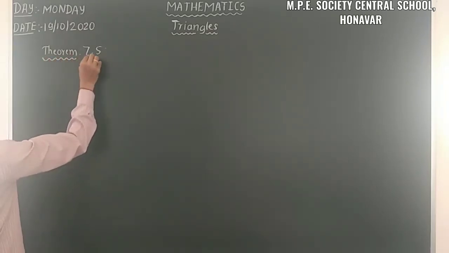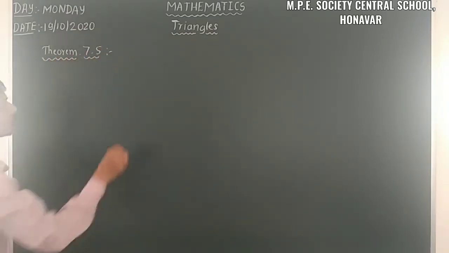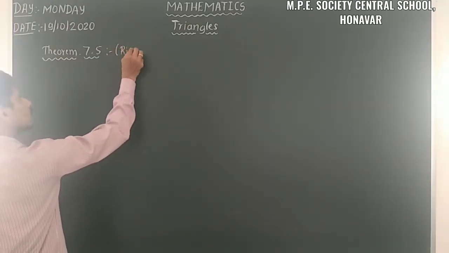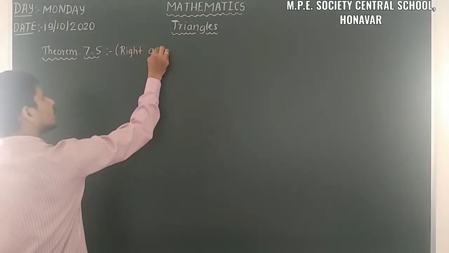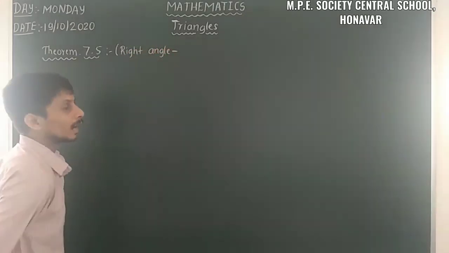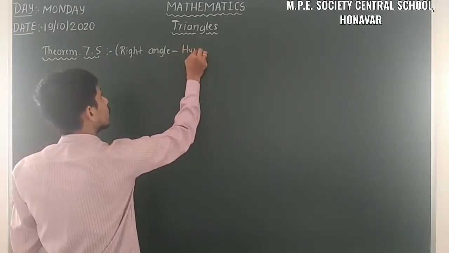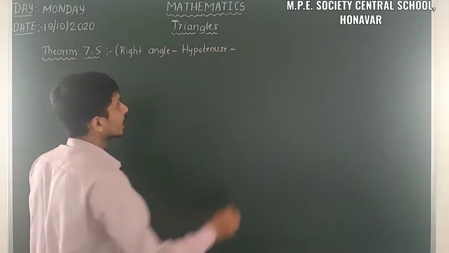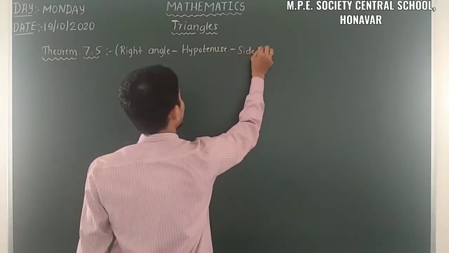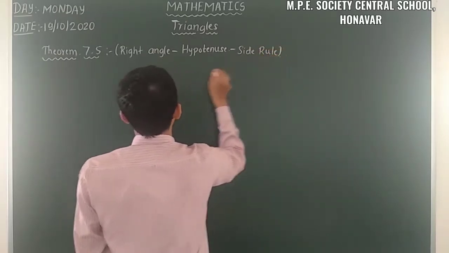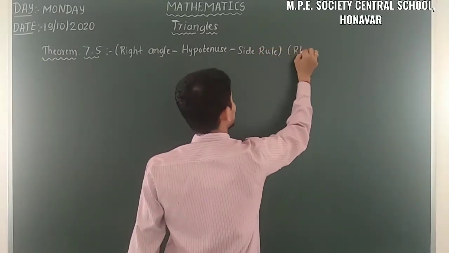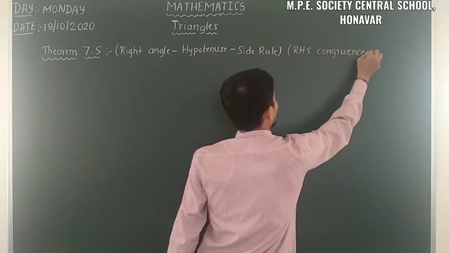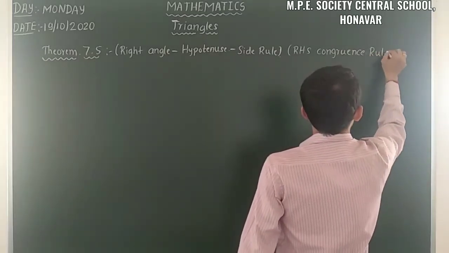We will express it as right angle, hypotenuse, side rule, or we call it the RHS congruence rule.